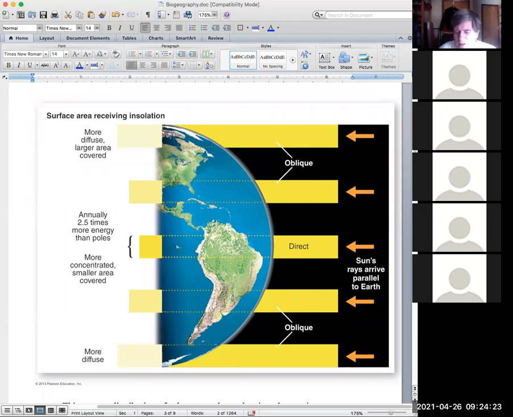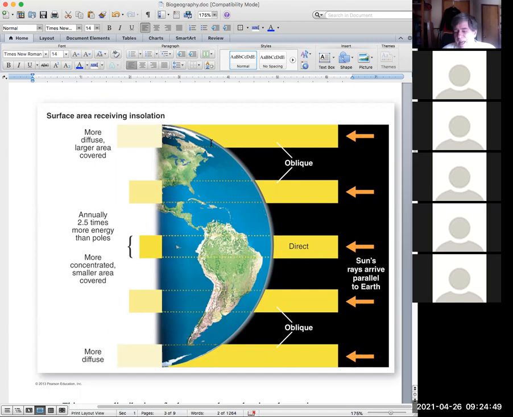When we look at sunlight hitting the equator, the same amount of solar energy is concentrated in a small region. Think about the length of that line. As we move towards the poles, that same amount of solar energy gets spread out over a larger area, over a larger surface of the Earth. That line is longer, both at the North Pole and the South Pole.